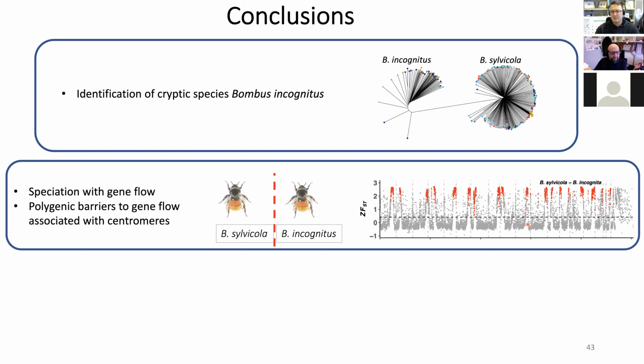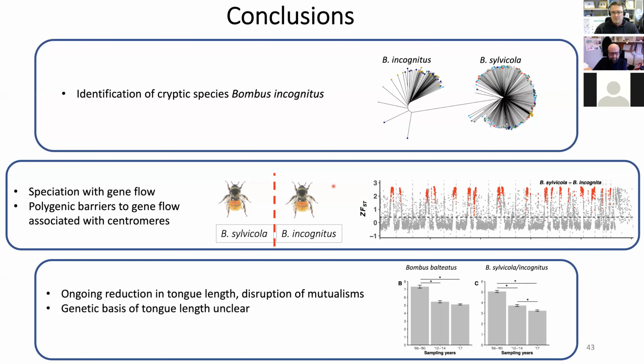We also infer that it likely evolved under conditions of gene flow between sylvicola and incognitus, and that barriers to gene flow have accumulated mainly in regions of low recombination and centromeres.